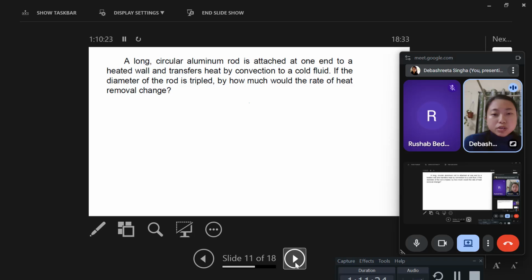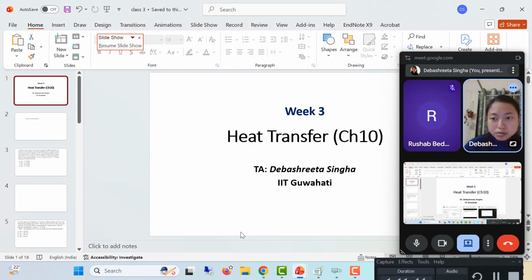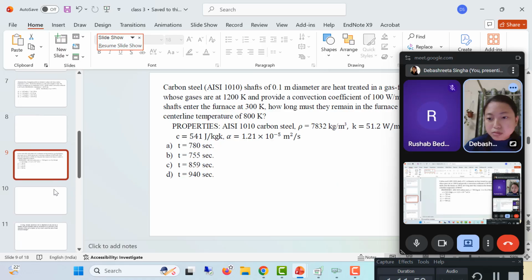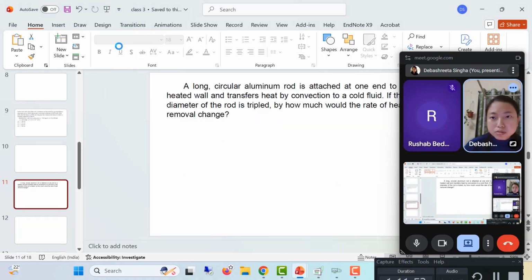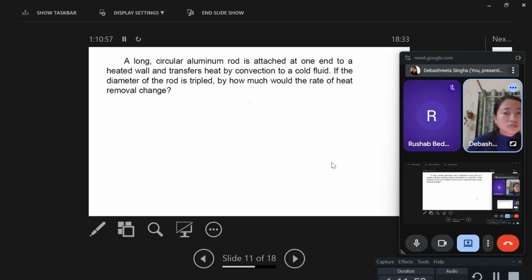A long circular aluminum rod is attached at one end to a heated wall and transfers heat by convection to a cold fluid. If the diameter of the rod is tripled, by how much would the rate of heat removal change? Okay, this is again a circular aluminum rod, again a cylinder.